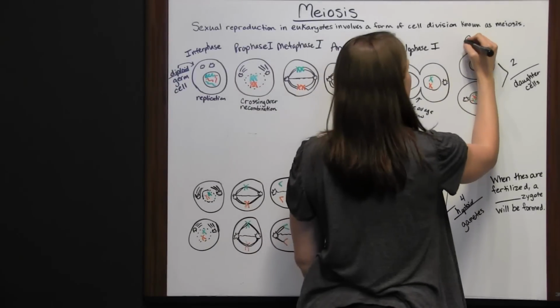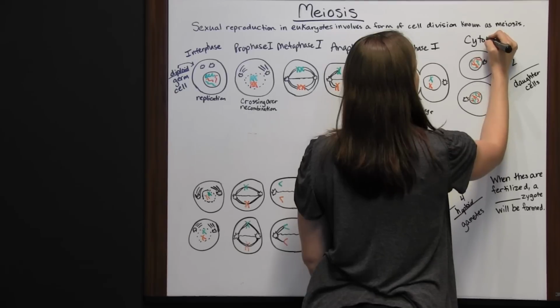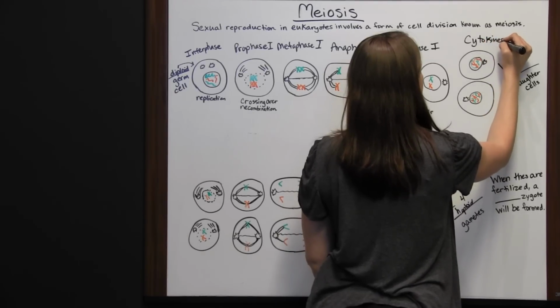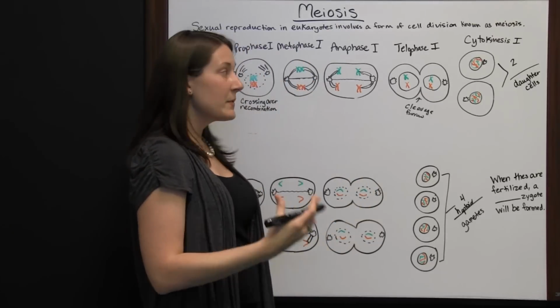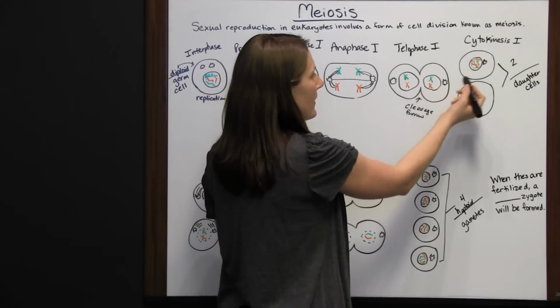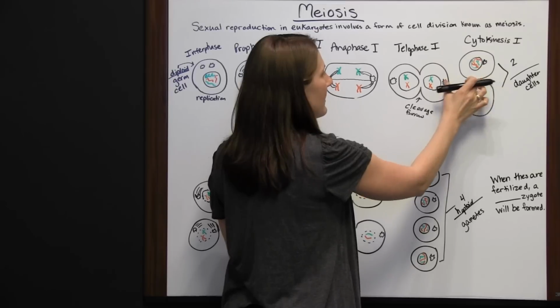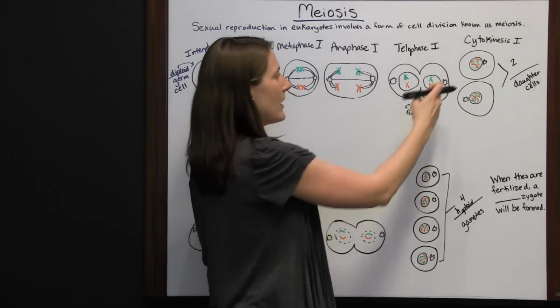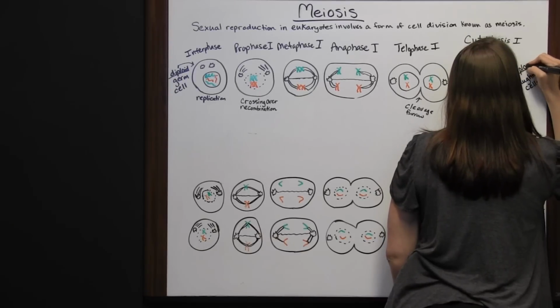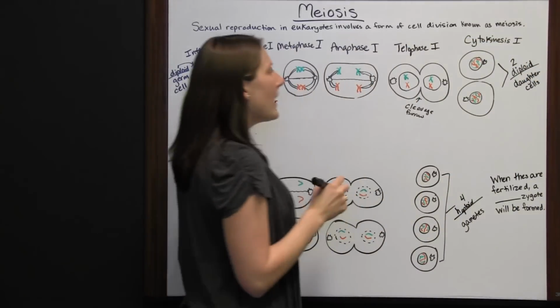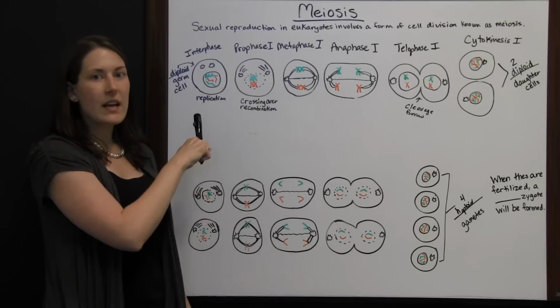And then this last part is cytokinesis 1, where the cytoplasm is split, and there is a definite split made between those 2 cells. So now there are 2 diploid daughter cells.